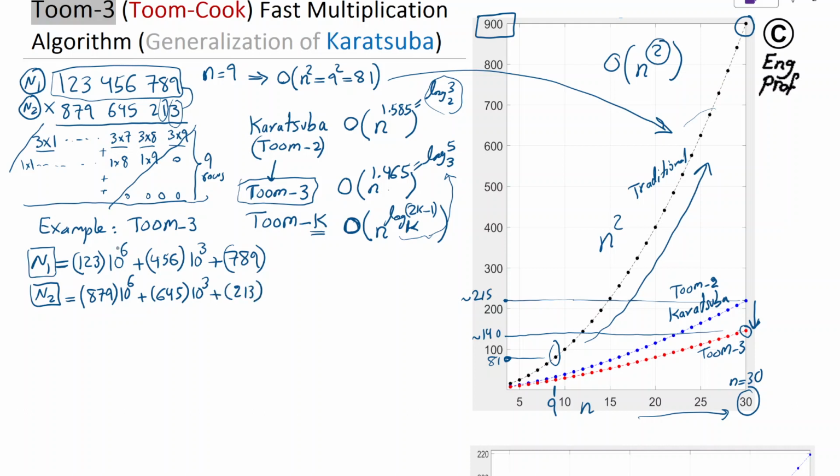Now let's play this trick or game: we refer to 10 to the power 3 as x. And of course 10 to the power 6 becomes x squared naturally. Therefore my number can be written as 123x squared plus 456x plus 789, and also 879x squared plus 645x plus 213.